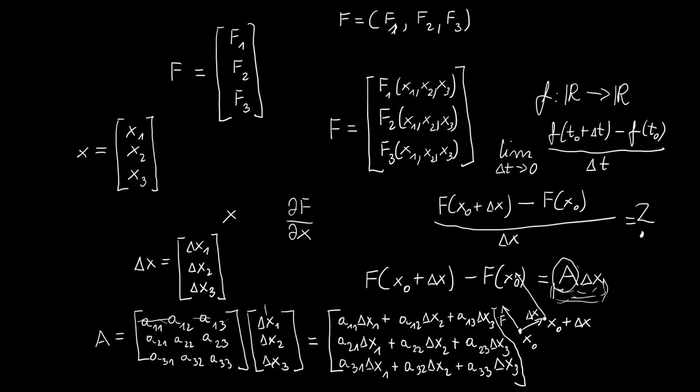And we use derivative as an approximation of the difference of values when we shift a bit from our point x0 to the point x0 plus delta x.